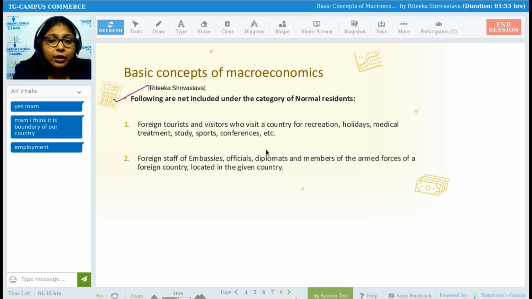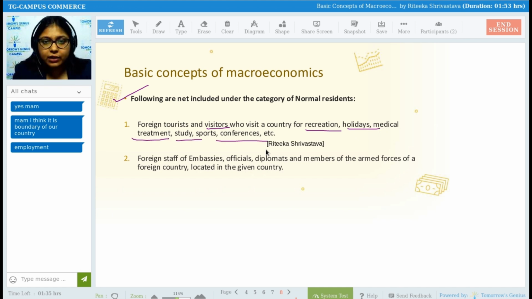Now the following are not included under the category of normal resident. Who will not come under the category of normal resident? For example, first, foreign tourists and visitors who visit a country for recreation, holidays, medical treatment, study, sports, conference, etc. Now we said that if any person's economic interest lies in that country, then he is a normal resident of the country.